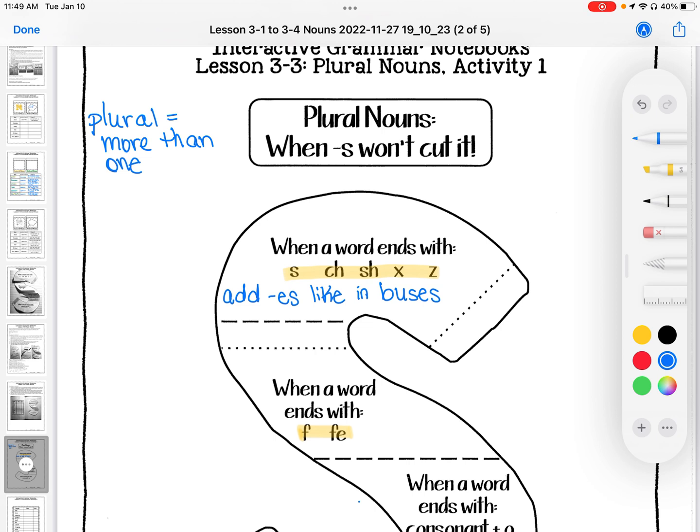So you're going to change the F to V and add ES, like in knives.